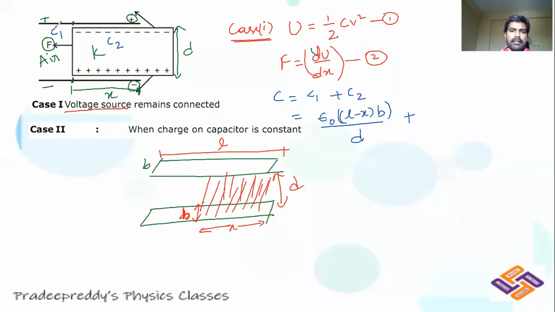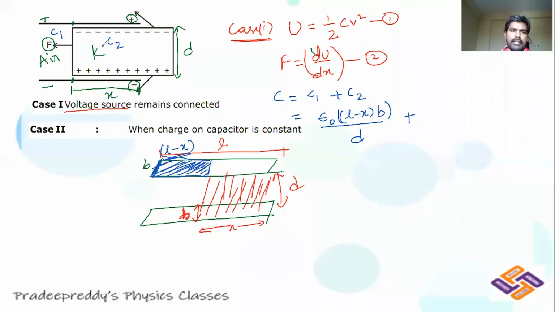The area of the cross section is this breadth and this part of the length. Only this length you need to consider, right? How much is this length? Already x portion is filled with the dielectric slab, so this portion becomes L minus x. So (L minus x) into B gives you the complete area which is air filled. So C1 is epsilon naught (L minus x) B divided by D, plus.